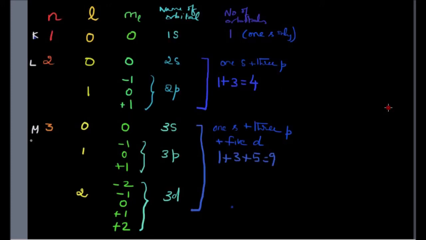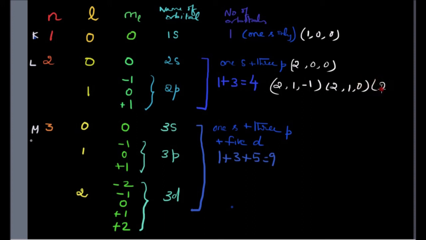The 1s orbital can be designated as 1, 0, 0. 2s orbital can be designated as 2, 0, 0 and 2p can be designated as 2, 1, minus 1, 2, 1, 0 and 2, 1, plus 1. The 3 orbitals are along the 3 axes and they are equivalent.